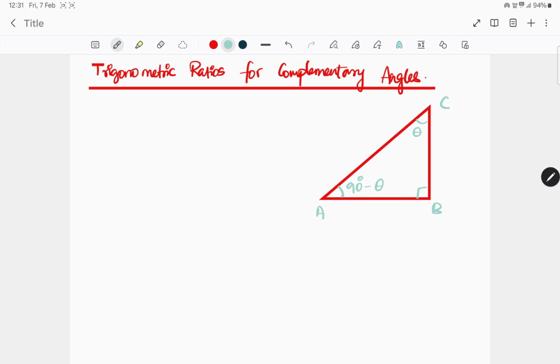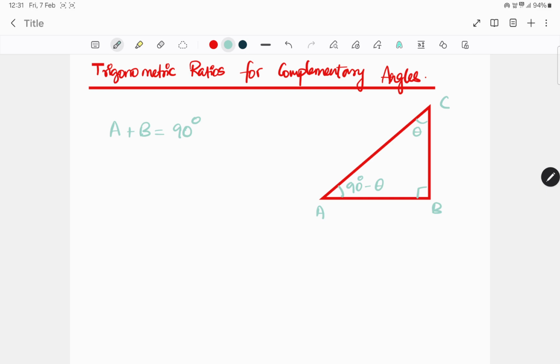Next we are going to see the trigonometric ratios for complementary angles. What is a complementary angle? When we add two angles, let's say A and B, if their sum is 90 degree, then these two angles are said to be complementary.